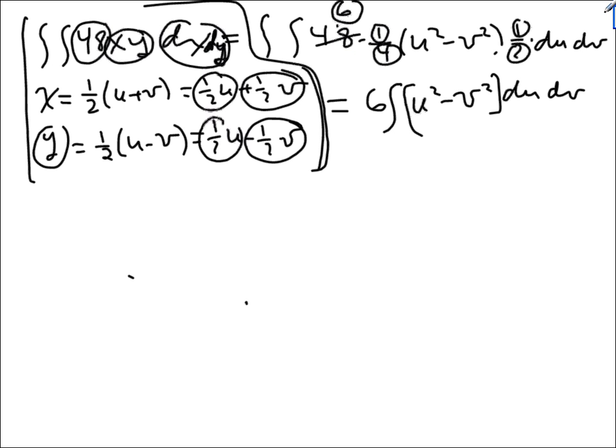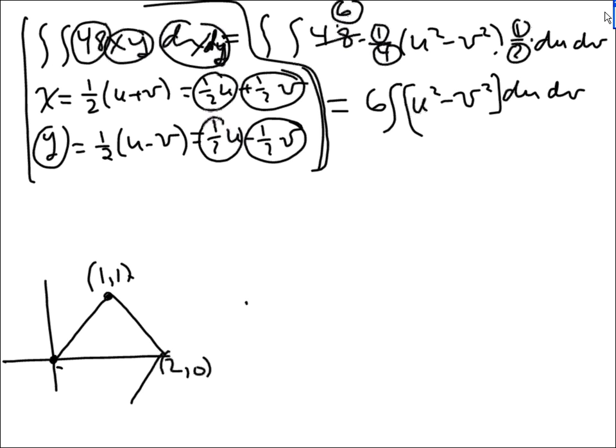They wanted us to integrate over this region: 0, 0, 1, 1, 2, 0, negative 1, 1. They want us to integrate over that region. And of course, this is in the xy plane.